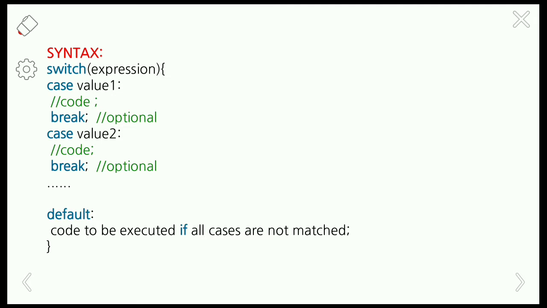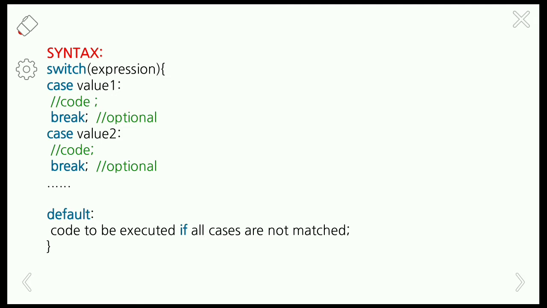So what is the purpose of the break statement here? If you are not using the break statement, then all the cases will get executed. Suppose I remove the break statement here, then case 1 and case 2 both get executed, and here there is a break, so the control will break out of the switch statement.